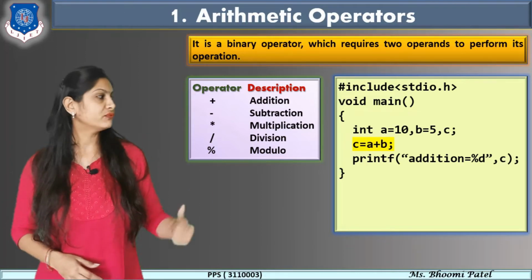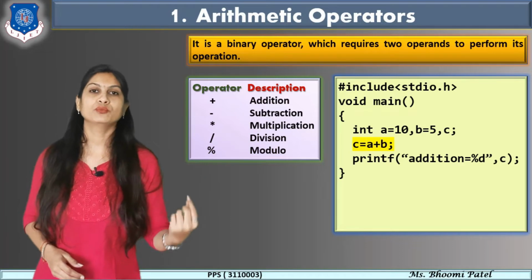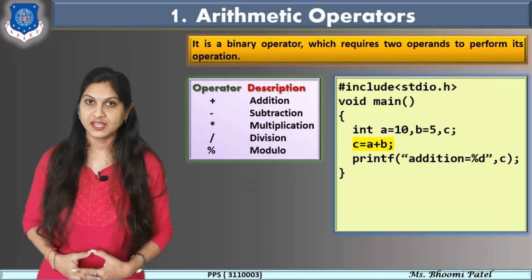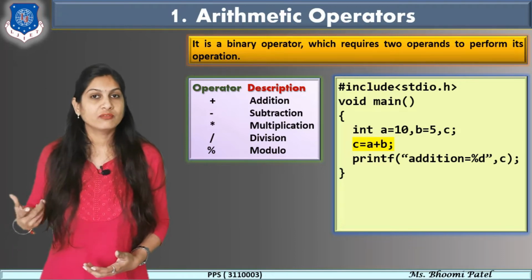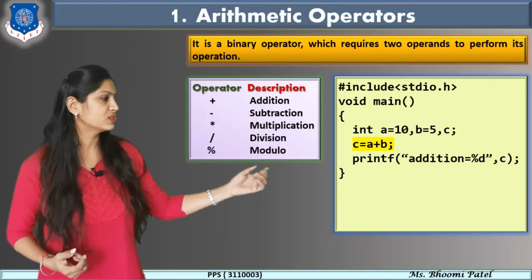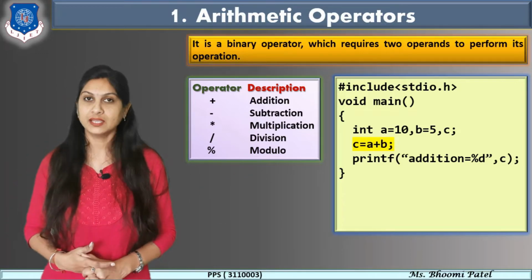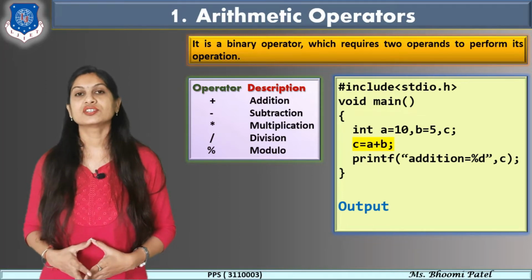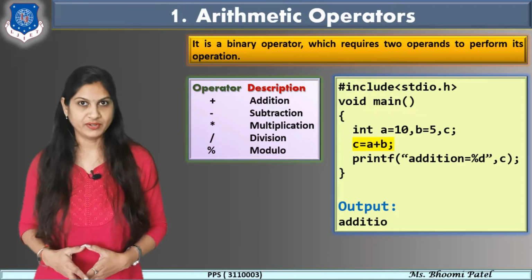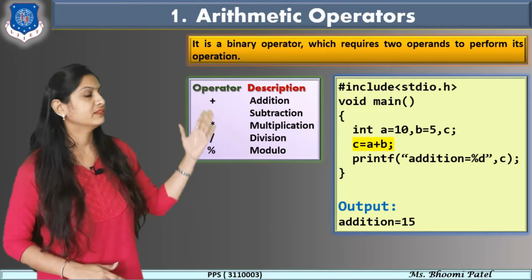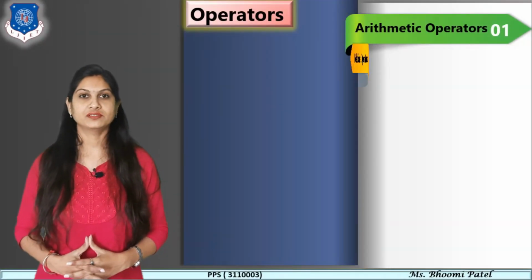For an integer value we put percentage d, and the variable in which the value is stored is c, so we simply put the variable name c. The output of this program is addition equals 15, 10 plus 5.